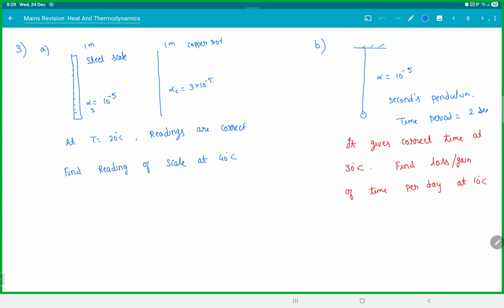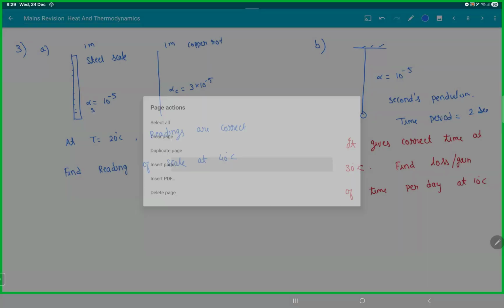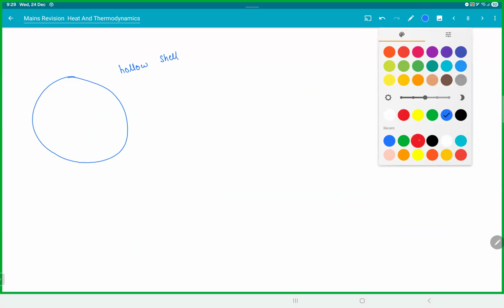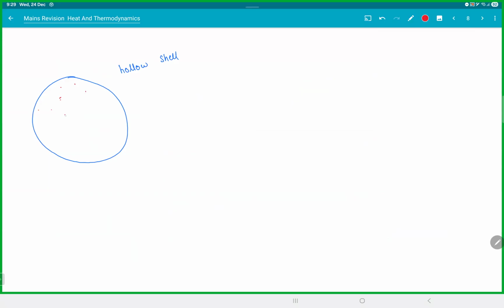Let me ask you one more like this. This natural volumes and lengths, it's a different ball game. Let's say we have a hollow shell filled with 0 degree water, and let's say the density of water is 1 gram per cc.